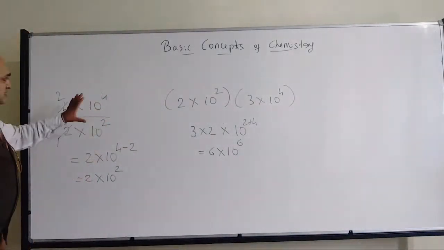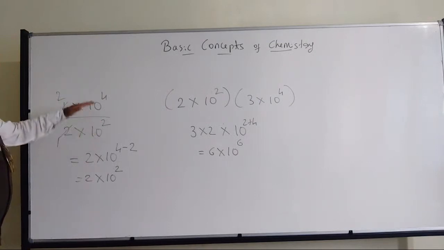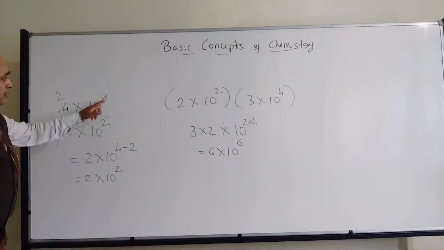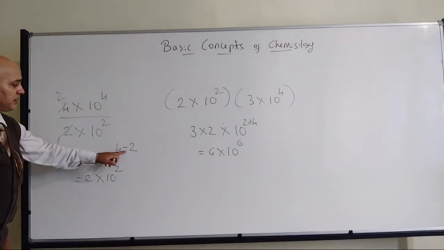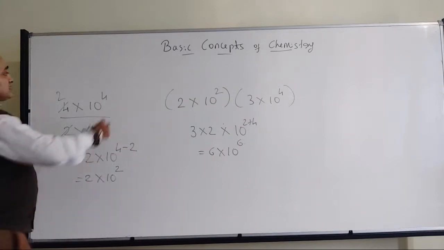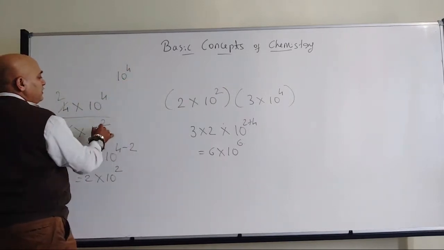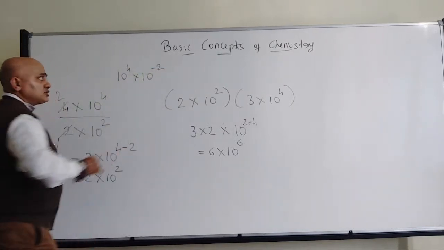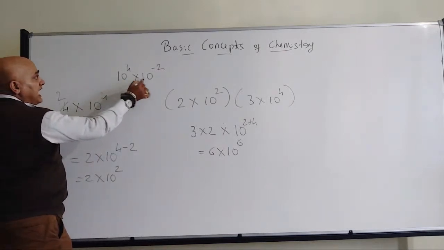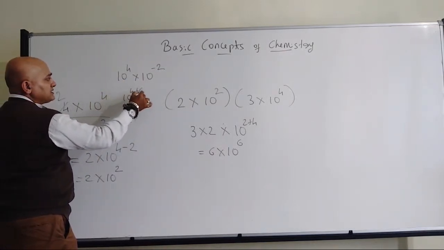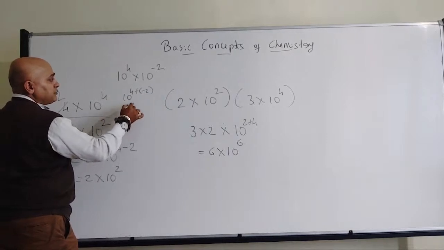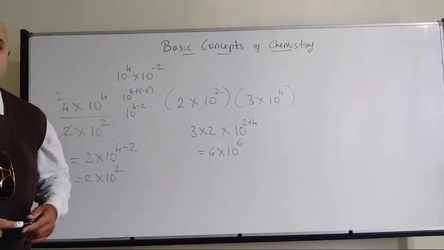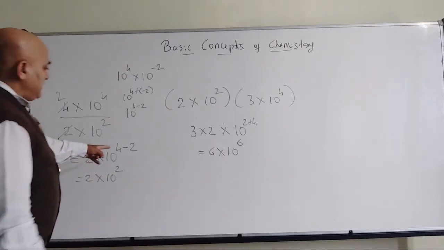But the same representation, if I make it division, then whatever superscript values are there, it will become minus. Because we have 10 to the power of 4, now when I take it up, it will become 10 to the power of minus 2. Now if I add it, 10 to the power of 4 plus minus 2, that means 10 to the power of 4 minus 2. So that's what I have written directly.